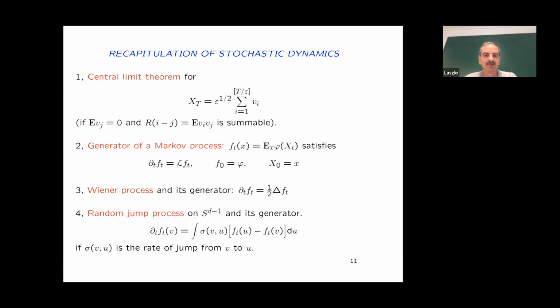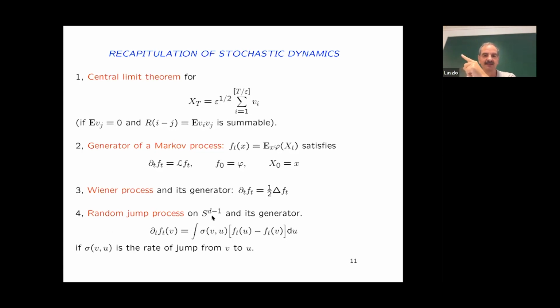This is the random jump process, exactly the process that this Wiener situation describes. When you have a particle which moves in a certain direction, suddenly it changes the velocity randomly. Of course, there's energy conservation, so the length of the velocity is always the same. The only change is the direction on the surface of the unit sphere.